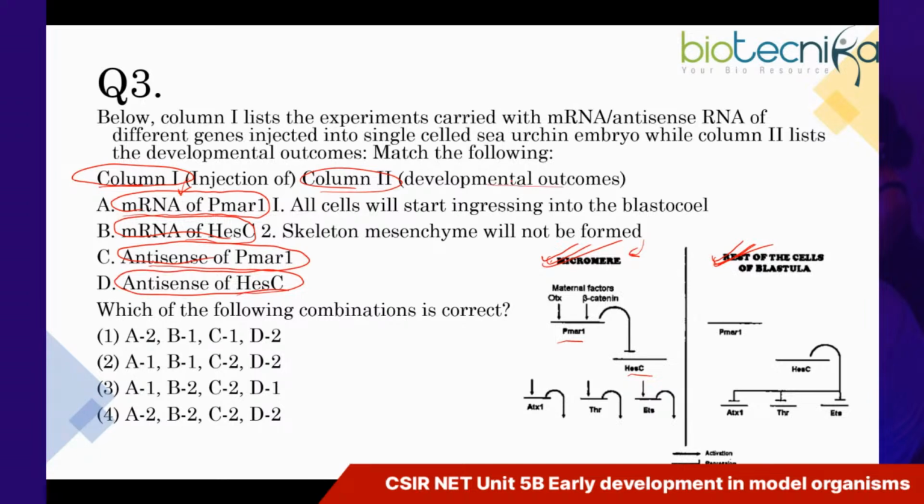And the development outcomes are: one, all cells start ingressing into the blastocoel, and second, skeleton mesenchyme will not be formed. So you have to match A, B, C, D with 1 and 2 and give the correct answer.